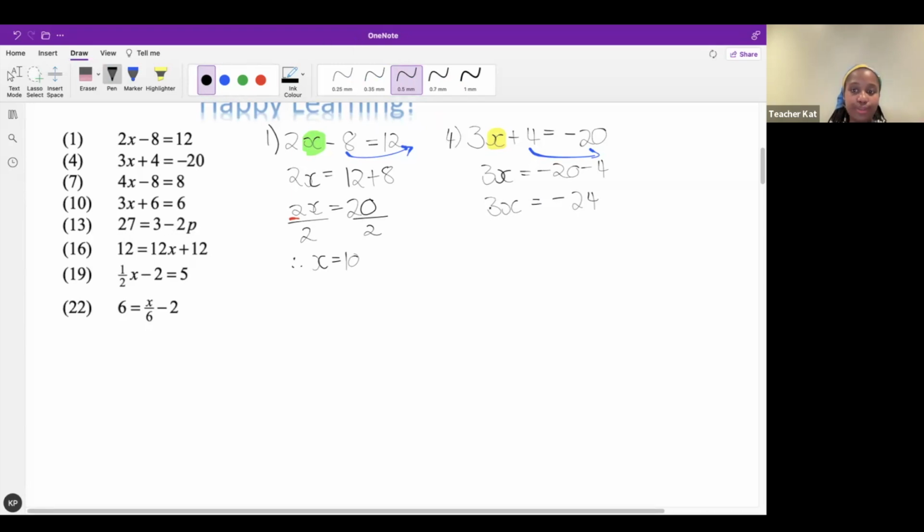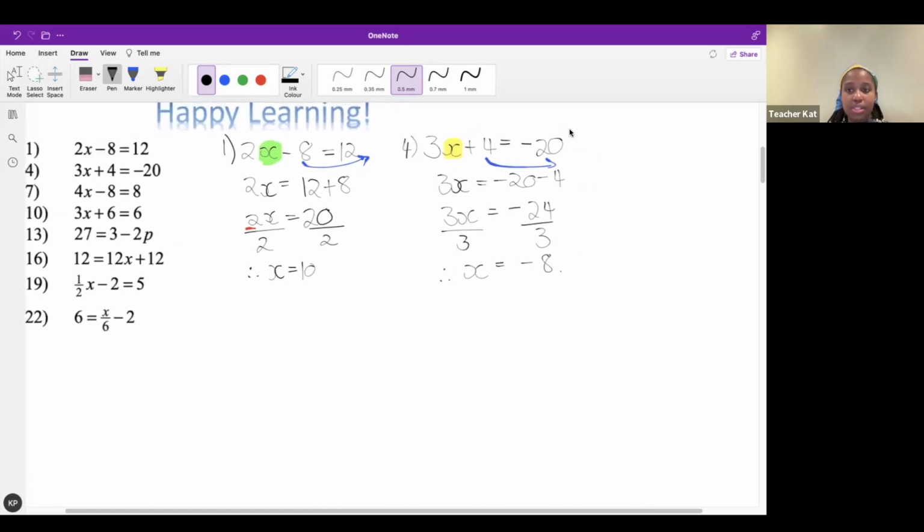We're going to divide both sides by 3. Therefore, what is x? What is a negative 24 divided by a positive 3? Firstly, a negative and a positive. Our symbol is going to be a what? A negative. And what is 24 divided by 3? That would be 8. Nice, guys. Beautiful.